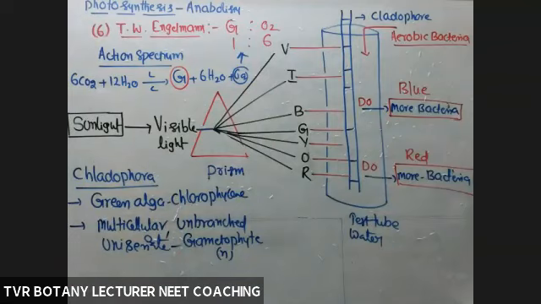So on the basis of the number of oxygen molecules evolved, one can calculate the number of glucose molecules.